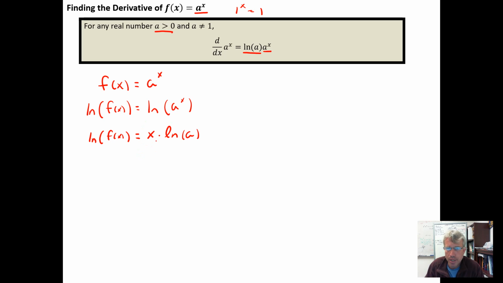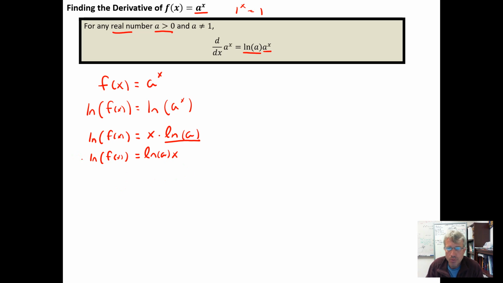And then of course we want to recognize that this is just the product of two terms. The natural log of a is actually just a constant. The natural log of a real number is just another real number. So I could also write this as the ln of a times x if I wanted to. So I have the natural log of f of x equaling the natural log of a times x.